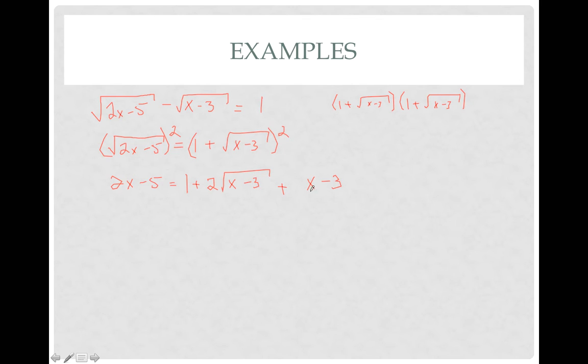So I have to persevere on this problem. I have to subtract x from both sides, so I get 2x minus the x. I'm going to subtract 1 to get negative 6, but I'm going to add 3 to get a negative 3. Now I have the radical by itself, so I'm going to square it. On the left side, I now get x squared minus 6x plus 9 equals 2 squared is 4 times x minus 3.